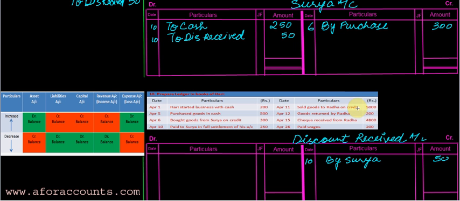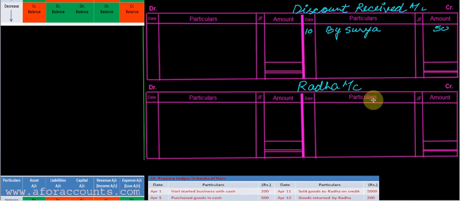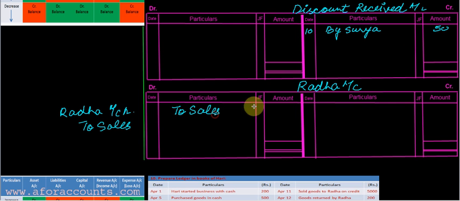Now what's the next entry? Sold goods to Radha on credit 5000. Okay. Sold goods to Radha. So Radha account debit to sales 5000.